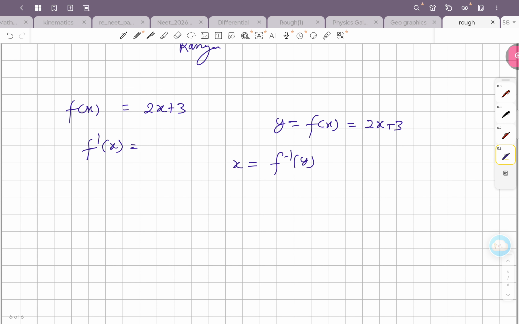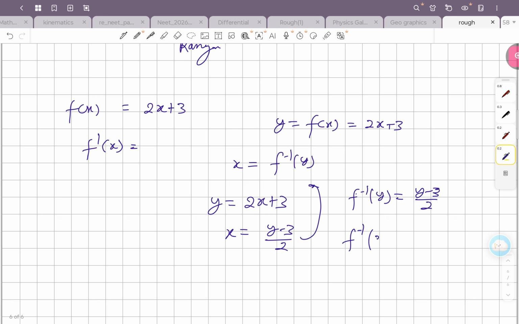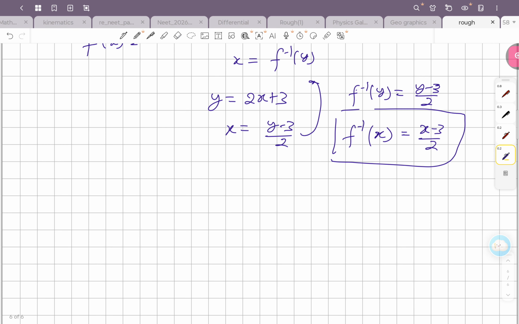Now listen, if y equals 2x plus 3, then x equals what? y minus 3 by 2. So f inverse of y is y minus 3 by 2. We can replace y by x, so this is x minus 3 by 2. So this is called the inverse function. I think you understand how you can find the inverse function, and that domain and range are changed.